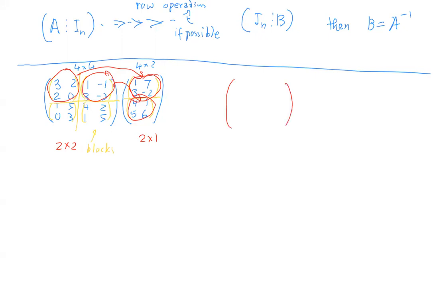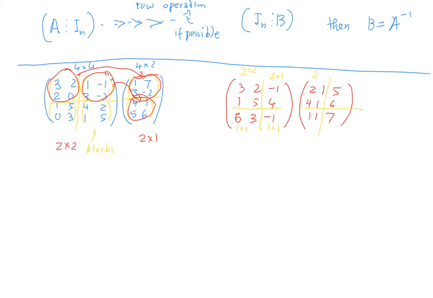So let's say that I have two 3x3 matrices, right? And so I consider this partition. So this is a 2x2 block. This is a 2x1. This is a 1x2, and this is a 1x1, right? And I apply a similar partition to the other matrix.